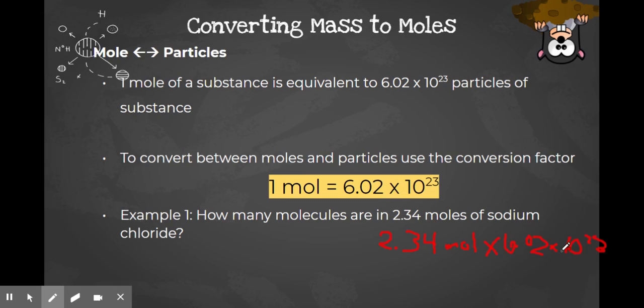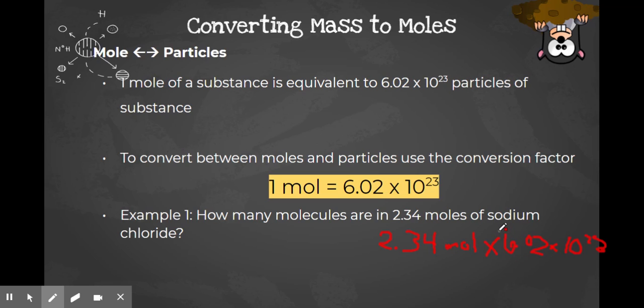So when I multiply these two things together, 2.34 moles times 6.02 times 10 to the 23rd, I'm getting my calculator together here, sorry. Let me just talk while I do that. The reason that you multiply is because we're going from moles to particles. If we were going from molecules to moles, we would divide.